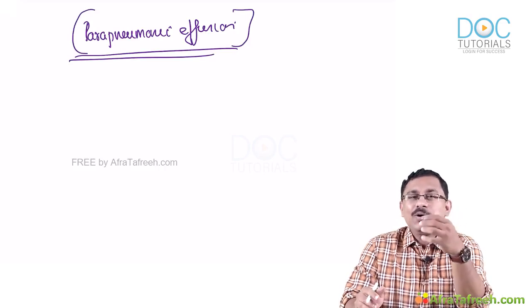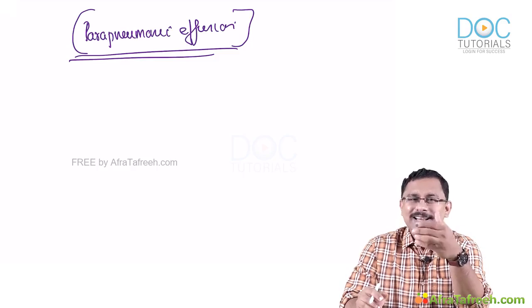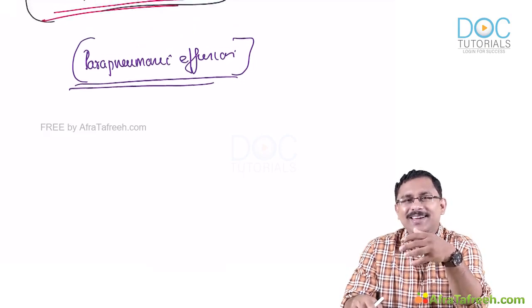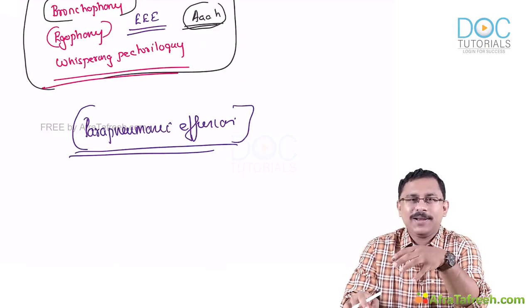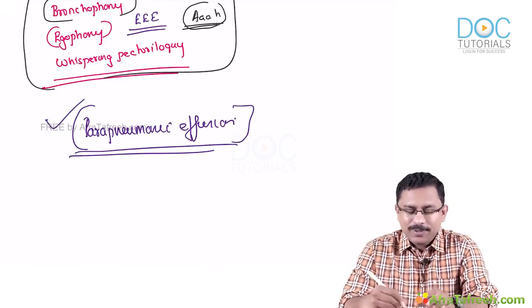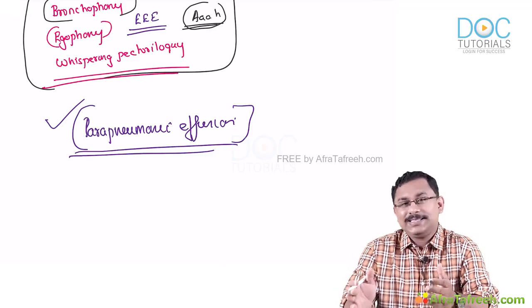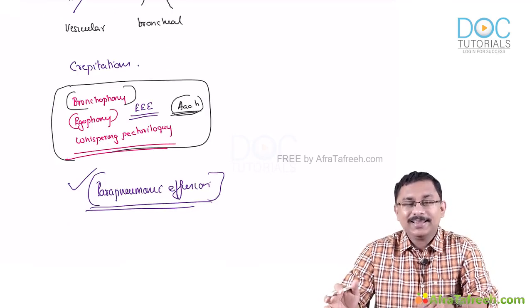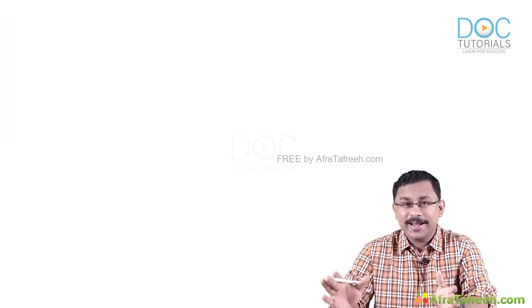You might not be able to demonstrate an increased vocal resonance or vocal fremitus, or you might not be able to demonstrate the egophony, bronchophony, whispering pectoriloquy. That happens when you have a parapneumonic effusion that has set in. So that is very clear. So you have learned regarding the examination findings in case of pneumonia as well.